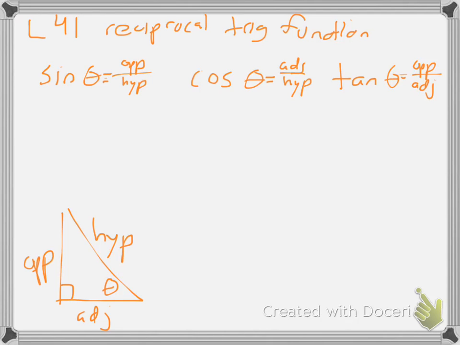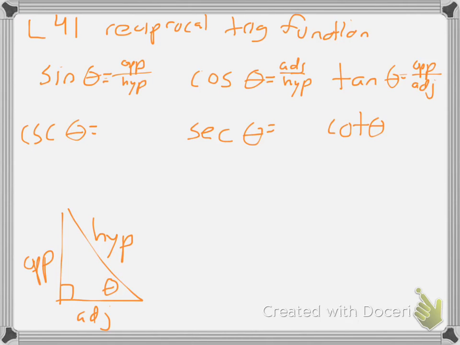Guess what? There are six total, 3 more of them. And these 3 are cosecant theta, secant theta, and cotangent theta.